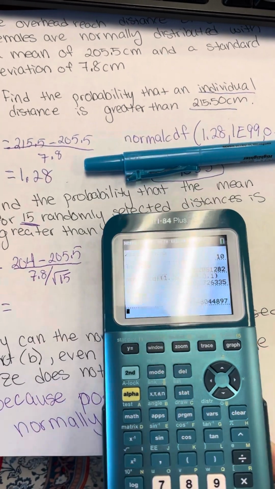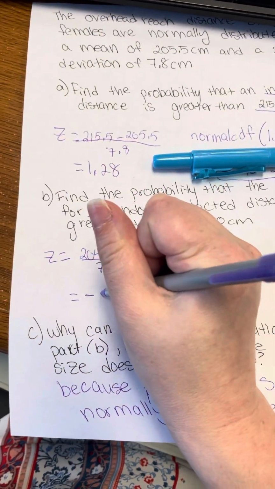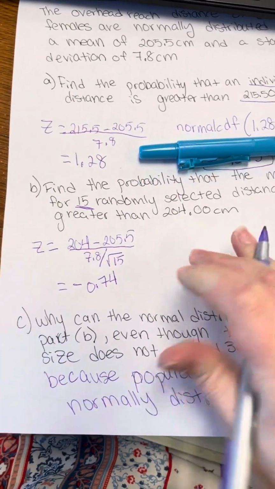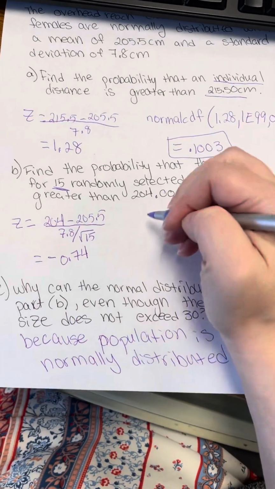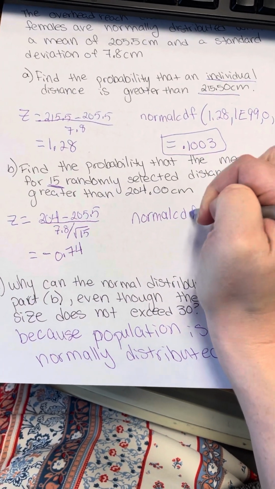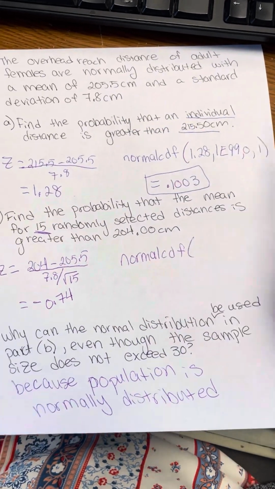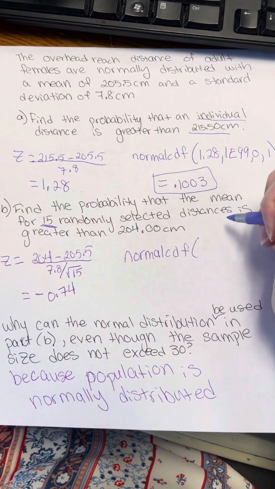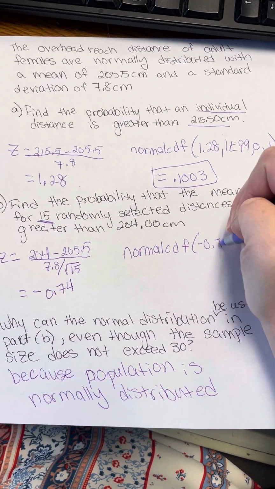Enter, and I get negative 0.74. Negative 0.74, because this is a z-score. I only need 2 decimal places. Now I'm going to go back to the normal CDF, because it did say it was normally distributed at the beginning. So my z-score, it said greater than, so the smallest number is negative 0.74.